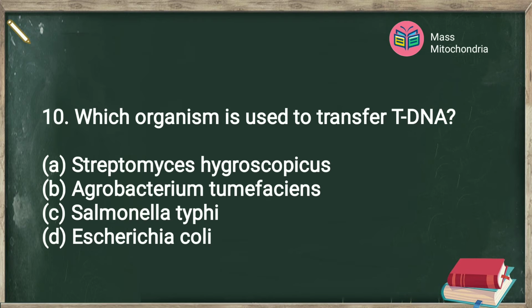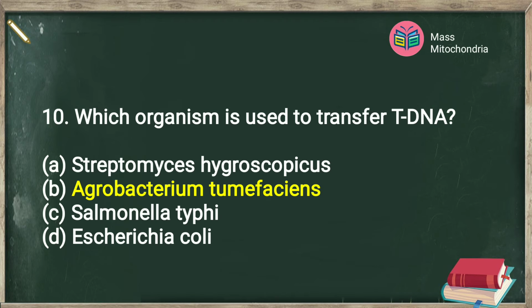Question number 10. Which organism is used to transfer T-DNA? Option A, Streptomyces hygroscopicus. Option B, Agrobacterium tumefaciens. Option C, Salmonella typhi. Option D, Escherichia coli. The answer is option B, Agrobacterium tumefaciens.